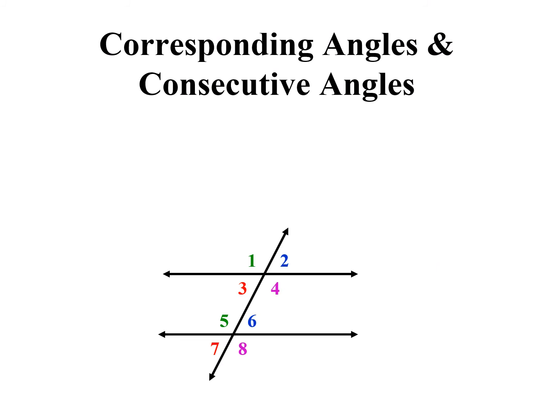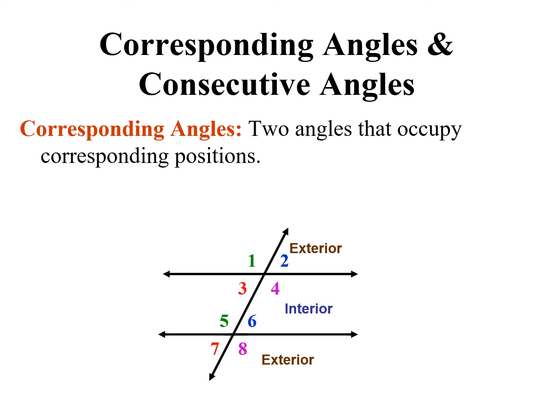Also, we could consider the concept of corresponding angles and consecutive angles. We now have the exterior angle, the interior angle, and the exterior angle. Corresponding angles are two angles that occupy corresponding positions.